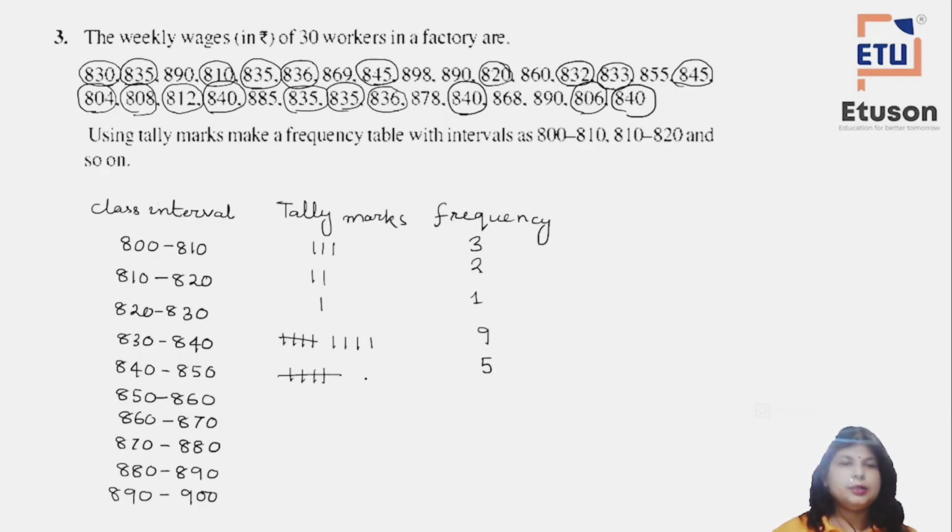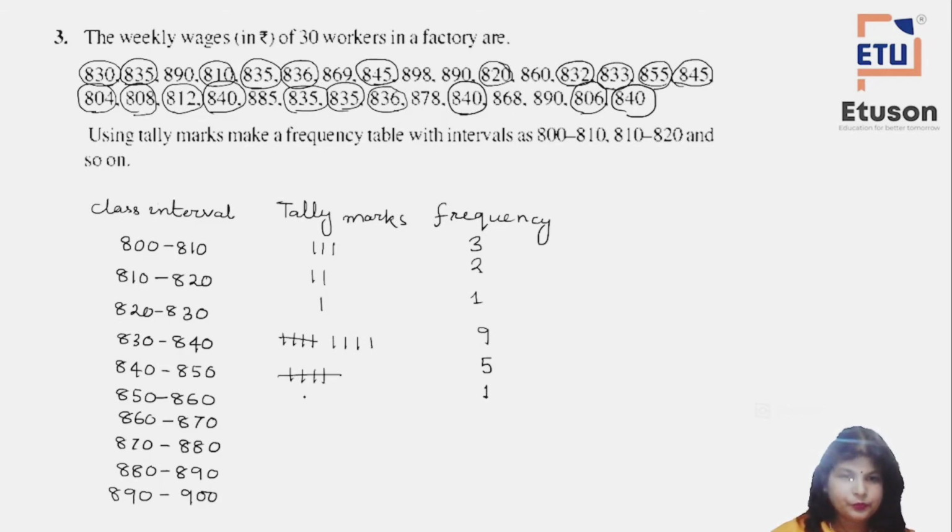Then 850 to 860. As usual, 860 we cannot take. So you have here 855. Yes, this can be taken. Anything else? No, it is 1.